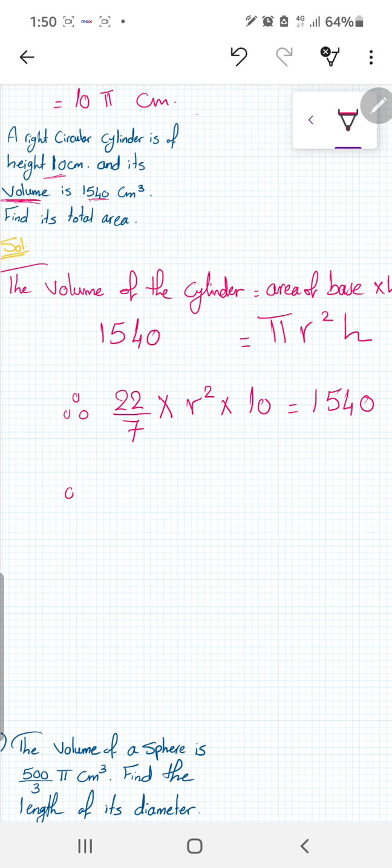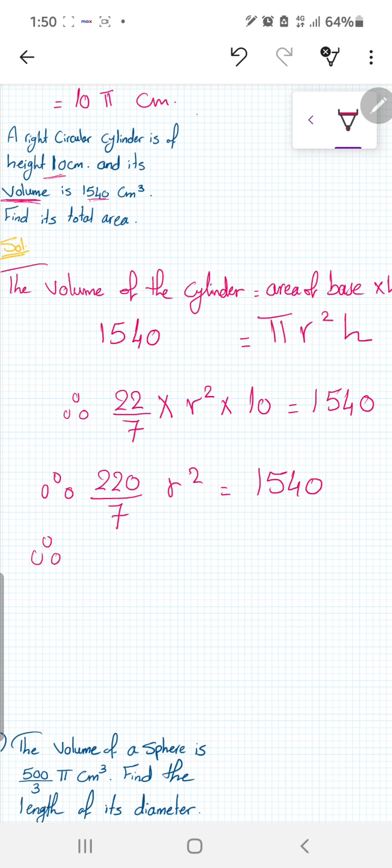Okay, so first calculate 22/7 times 10, which will be 220/7. Okay, we want to get r squared, so move 220/7 to the other side by division.